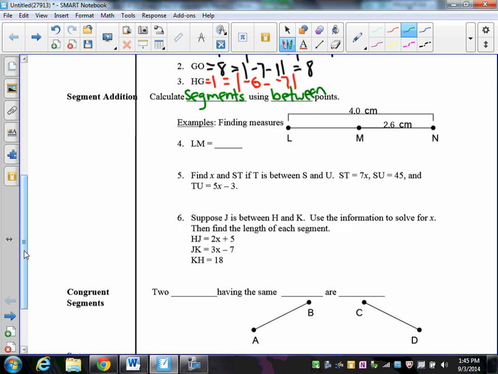So you should be able to see that M is between points L and N. So if I want to find LM, that's this segment right here, I'm not going to add this, I'm actually going to subtract it. Because I see this whole thing is 4, and I need to take away this much. I need to take away 2.6. So LM is going to be 1.4. I get that from 4.0 minus 2.6.